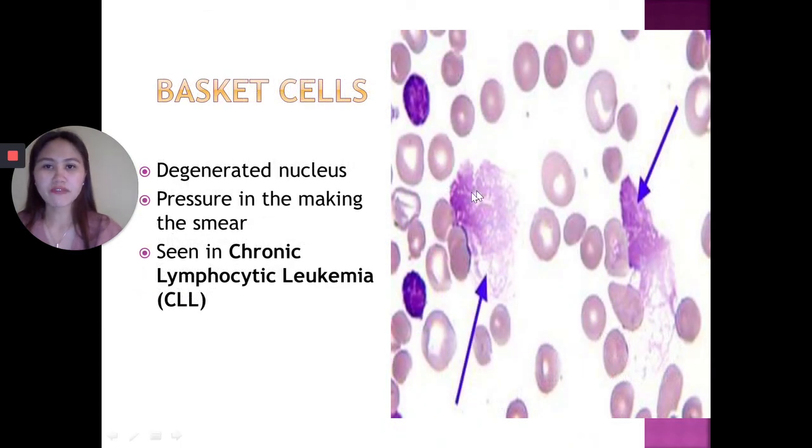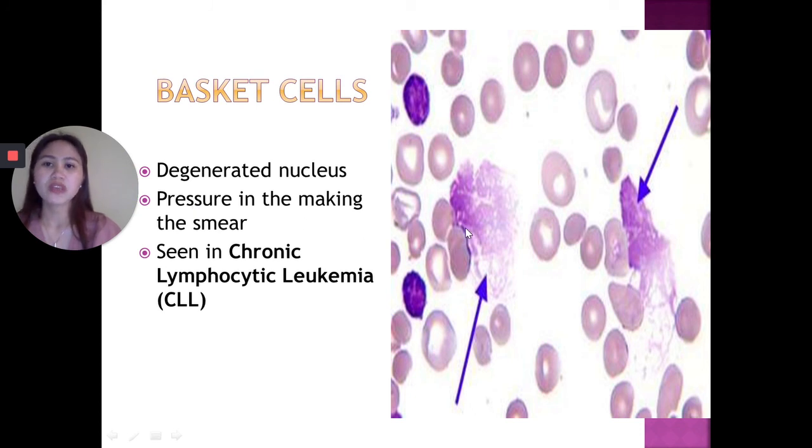Next, we have basket cells. The cause of this is the degeneration of your nucleus, and when it is degenerated, it can look like a basket cell. Sometimes it is due to pressure in making the smear.